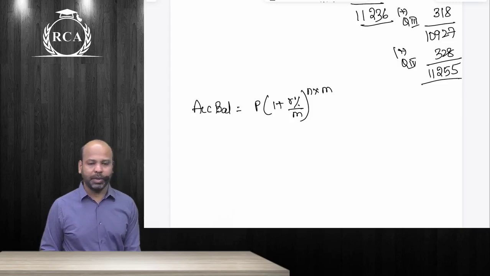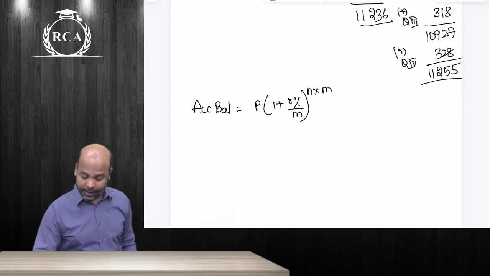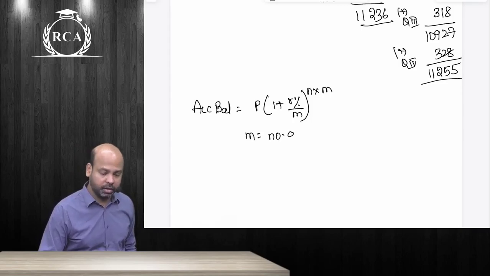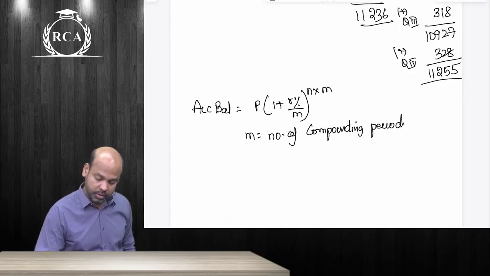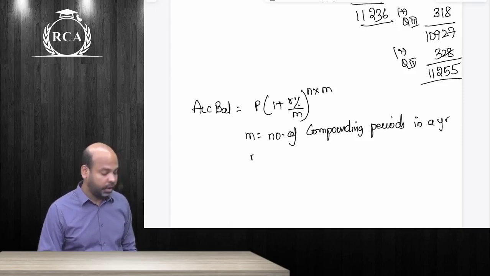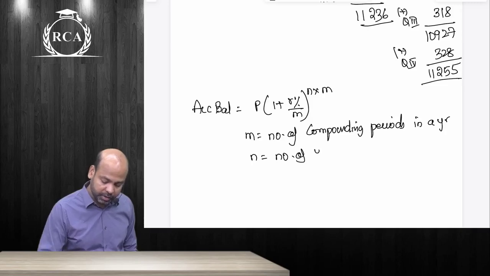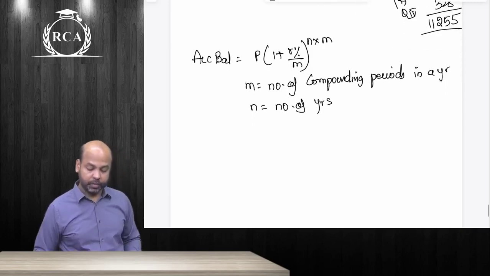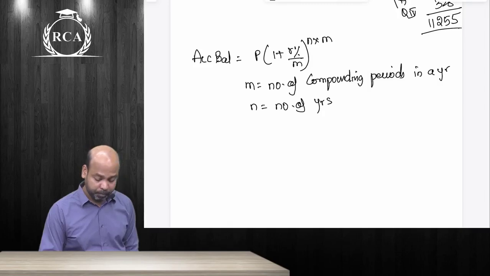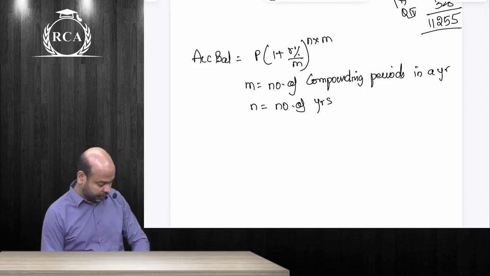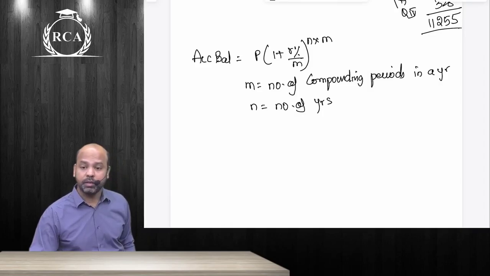P into 1 plus R by M whole power N into M, where M stands for the number of compounding periods in a year, and N is nothing but, beta, the number of years. Are we clear about this? Yes or no, kids?